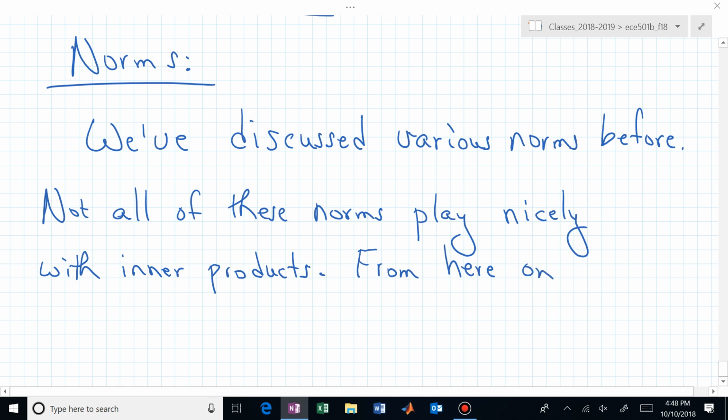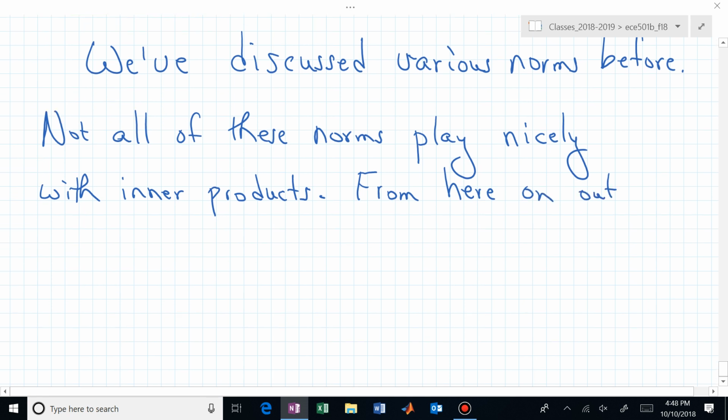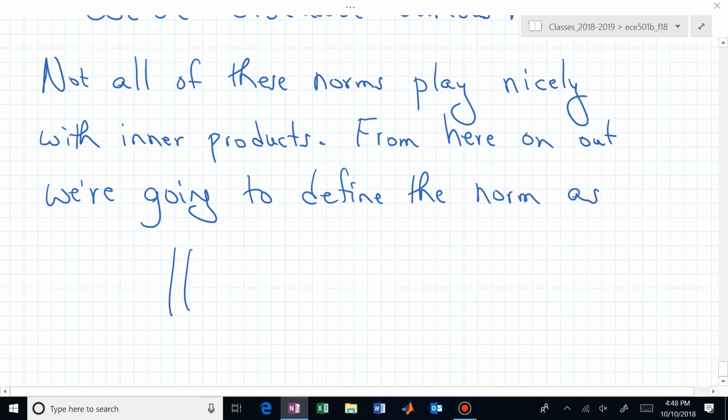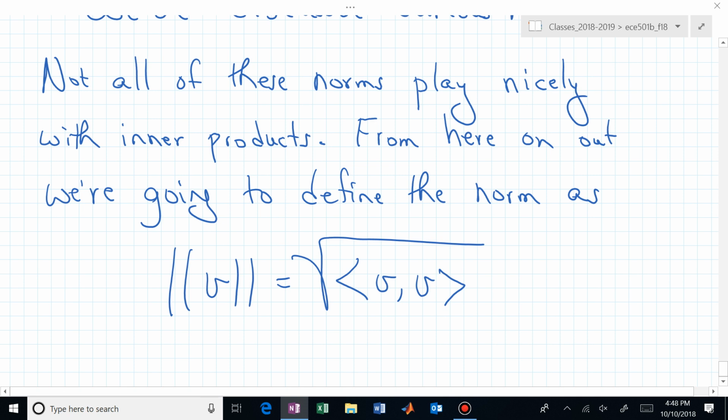So from here on out, let's just agree we're going to define the norm as follows. Let's define our norm of a vector v to be the square root of the inner product, using whatever inner product we have. So the norm of v is the inner product of v with itself, square rooted.